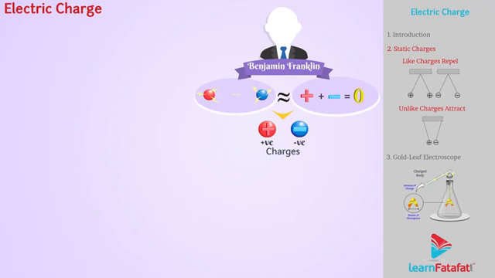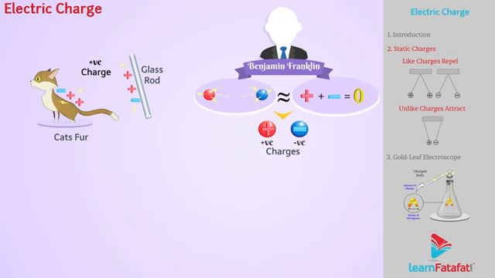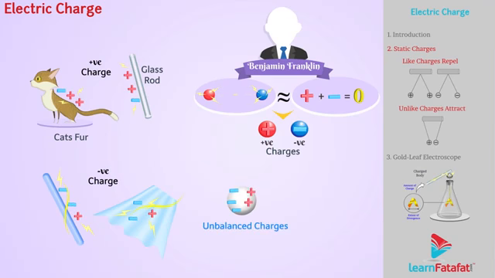By convention, the charge on a glass rod or cat's fur is called positive and that on a plastic rod or silk is termed as negative. If an object possesses unbalanced electric charges, it is said to be electrified or charged. When it has balanced charges, it is said to be neutral.